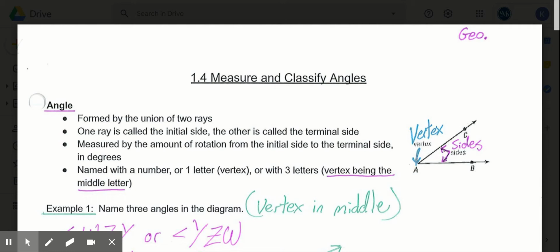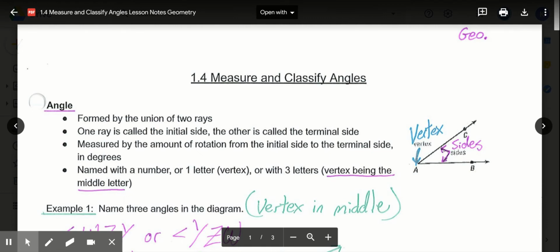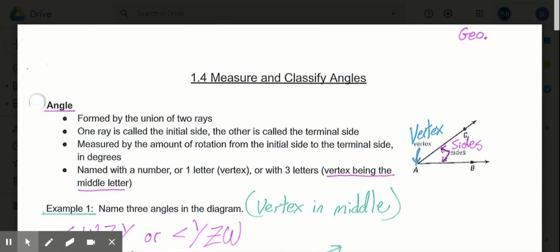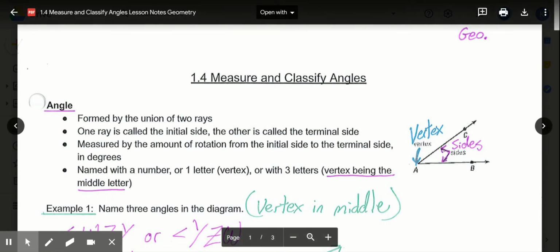One ray is called the initial side. The other is called the terminal side. Then angles are measured by the amount of rotation from the initial side to the terminal side in degrees.